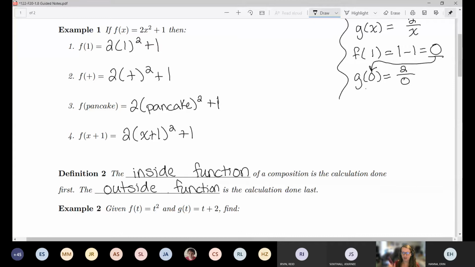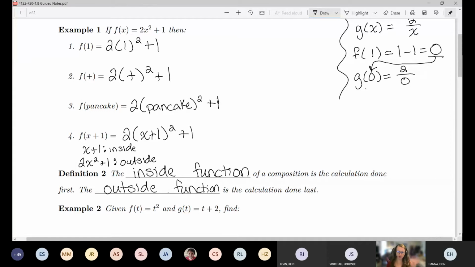The thing we're plugging in is the inside function, and then the function that we're plugging into is the outside function. So like say I go back up to this example 4 right here. Well, x plus 1 would be my inside because that's what's being plugged in. And then if we think about what the function f actually is, that's the 2 squared plus 1, that would be the outside.